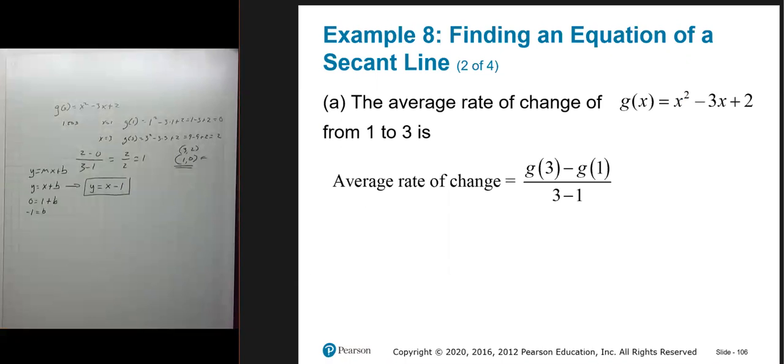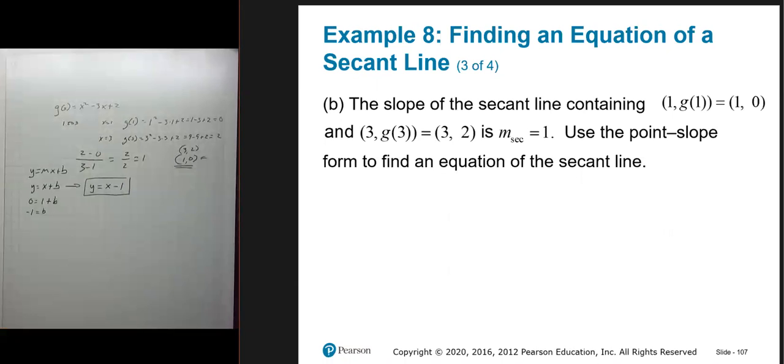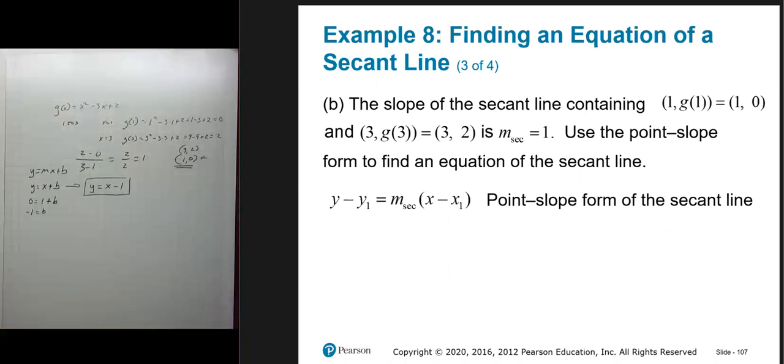So the average rate of change, they did it the same way I did. And so the slope is 1. And now they're going to use point slope. So the slope they got is 1. But they choose one of these 2 points. It doesn't matter which one they choose.